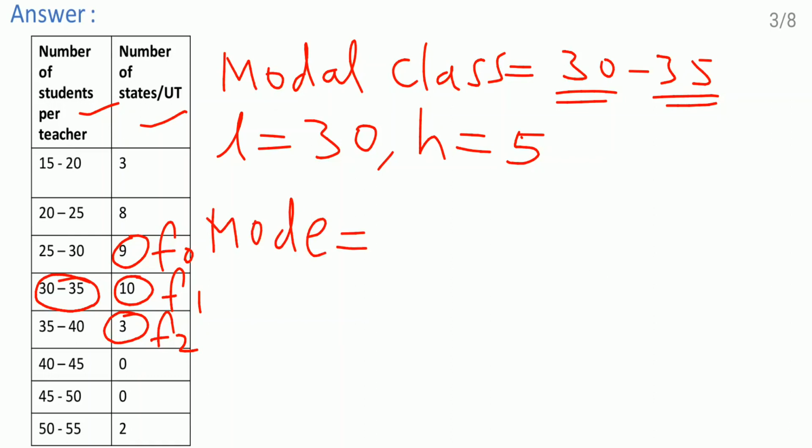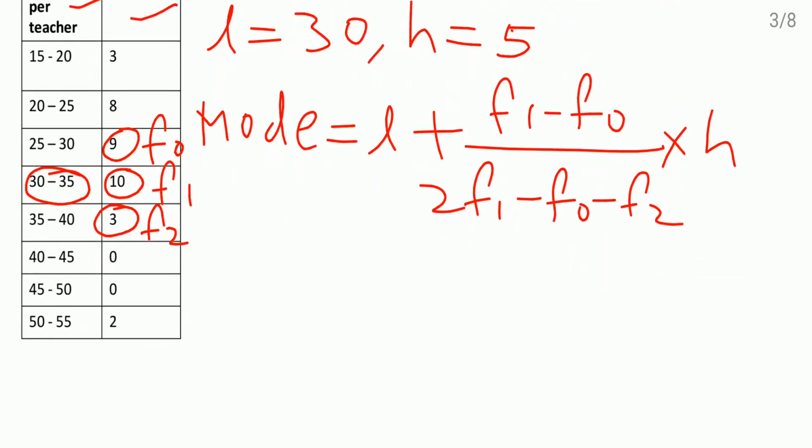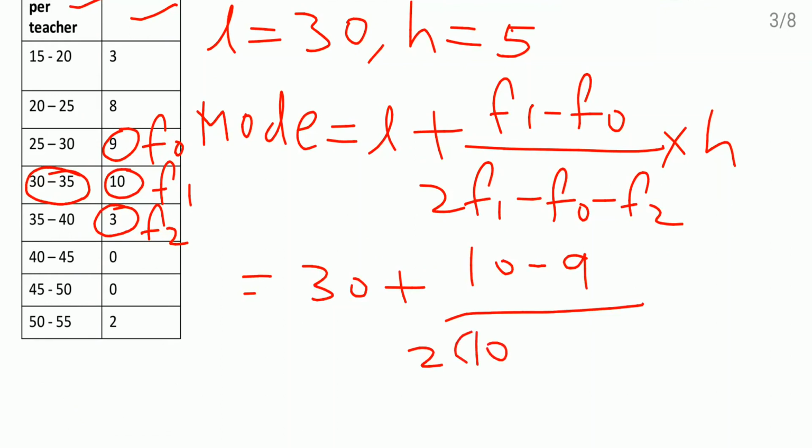So mode is equal to L plus (F1 minus F0) divided by (2 times F1 minus F0 minus F2), into H. Just substitute the values here. L is 30 plus F1 is 10 minus 9. Here 2 times 10 minus 9 minus F2 is 3, into H is 5.